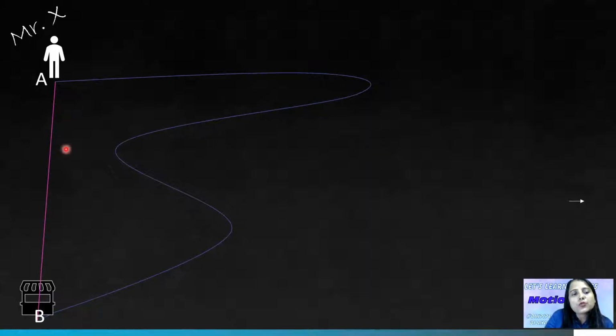So what has he chosen? He has found out a straight line's shortest route. So the thing that he has discovered is nothing but he has calculated the displacement between his position and the shop.